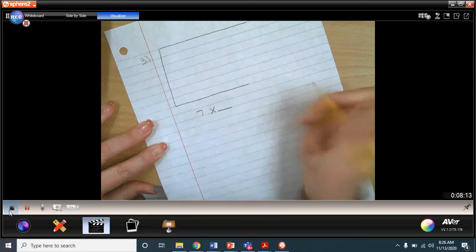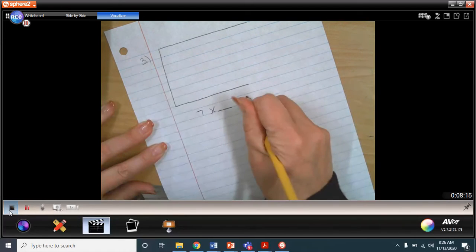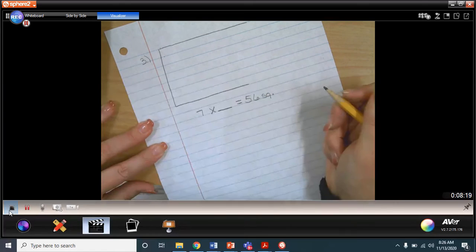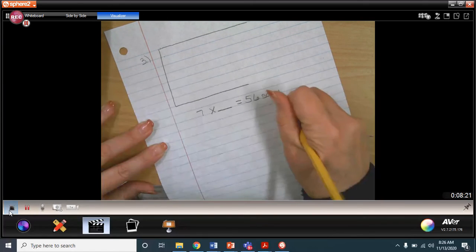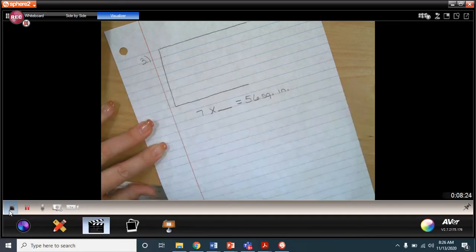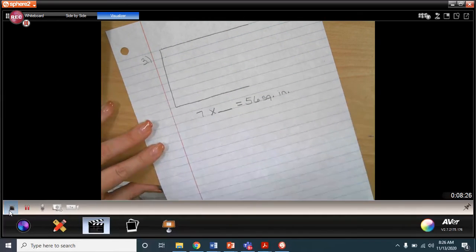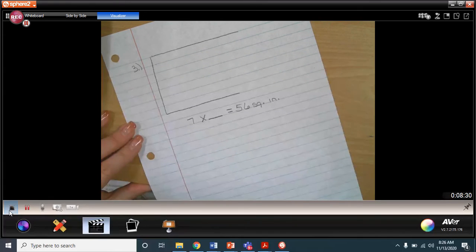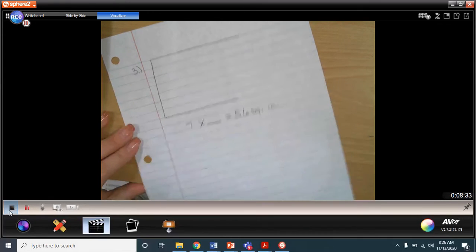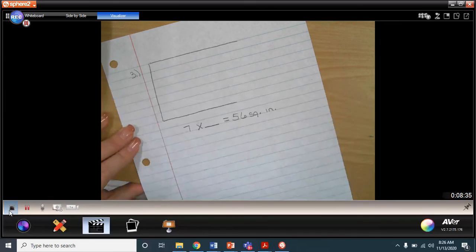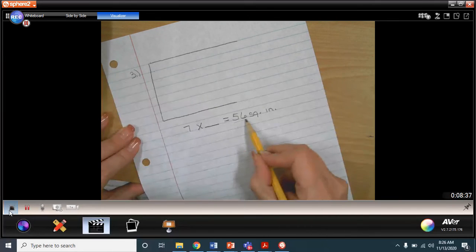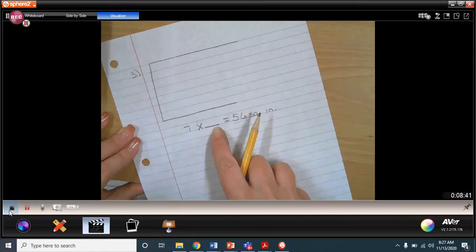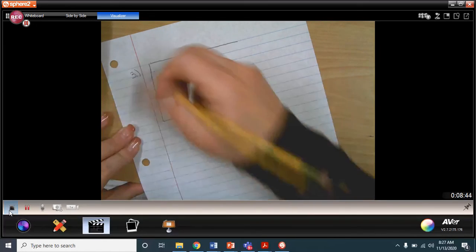I'm missing my length, but I know that my area is 56 square inches. You also have in your little toolkit your square tiles. If you wanted to use your square tiles first, you could take 56 square tiles and put them into 7 rows and find out how many squares would be in each row.